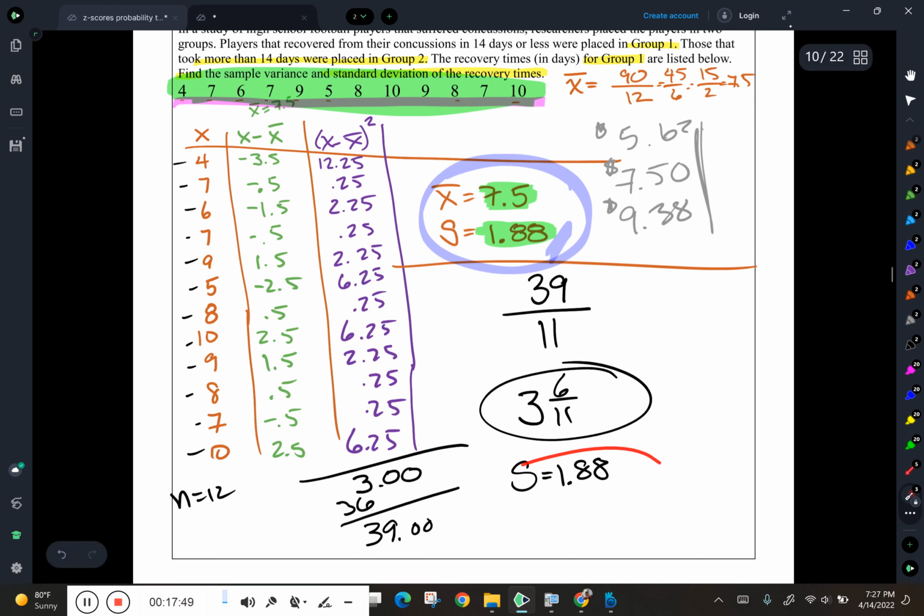And then when I took the square root, 28. So you have to do at least 28 calculations correctly to get this answer. And this is again, big picture, a relatively small data set, only 12 data points.